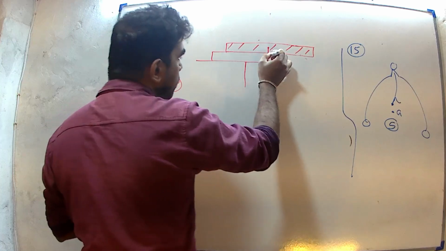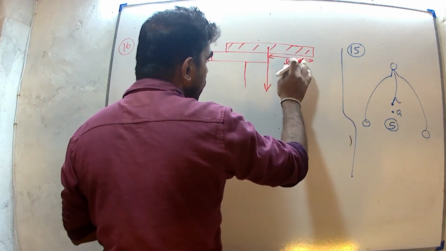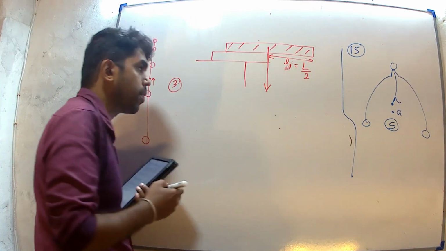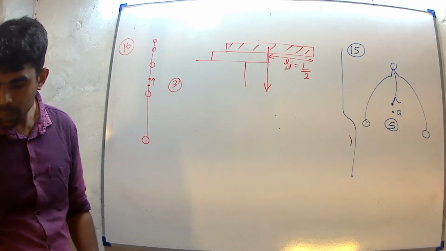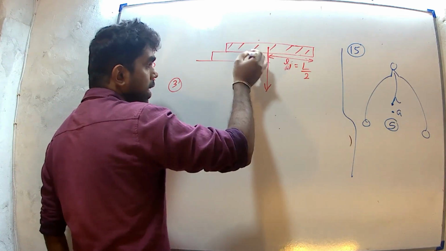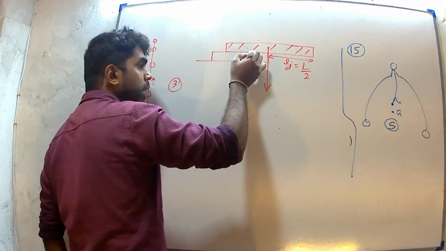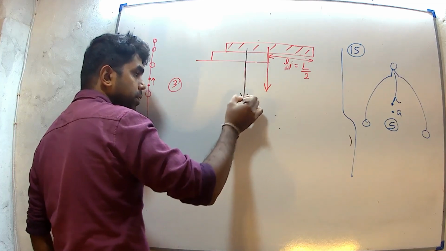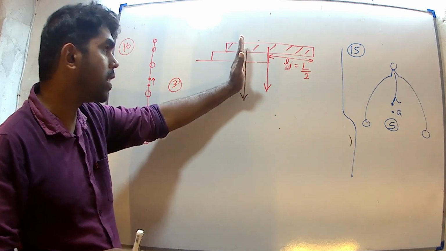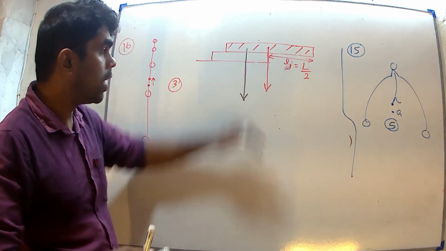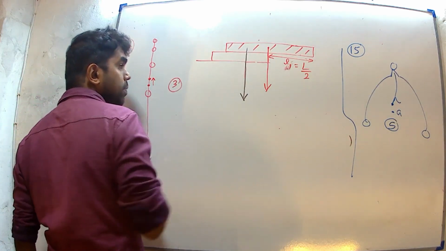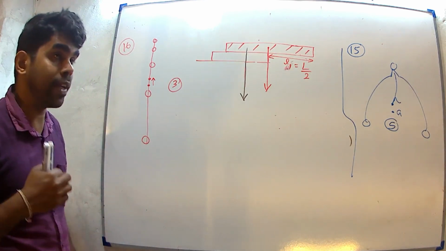Then we can get L1 should be L over 2, and for the equilibrium of the system, the center of gravity of the system should be on this straight line for the maximum values of L1 and L2. If the center of gravity is on the right hand side, it will topple, and if the center of gravity is on the left hand side, it is not the maximum possible value of L1 and L2.